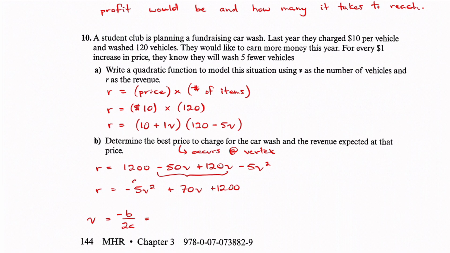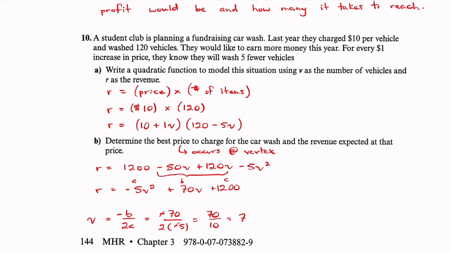So this is the a, the b, and the c. I could have continued and completed the square, but this will also work. So that's going to be minus, and then b is 70, and then I got 2 times a, and a is negative 5. So those negatives will cancel, and I got 70 divided by 10, and that's just going to equal 7.